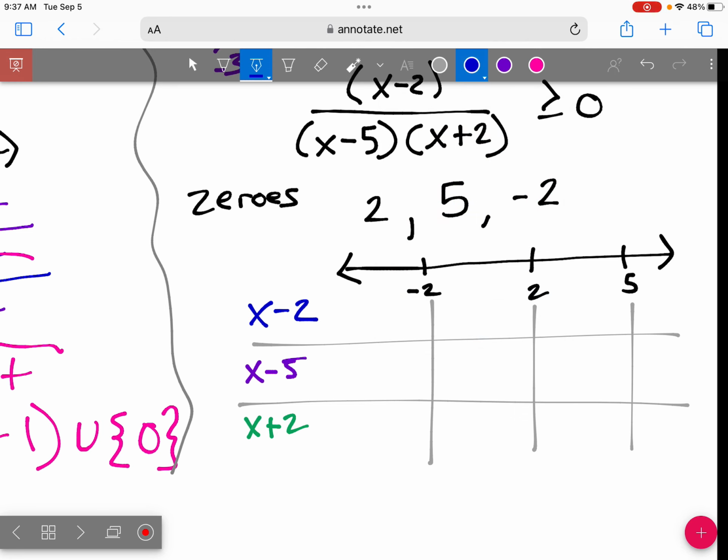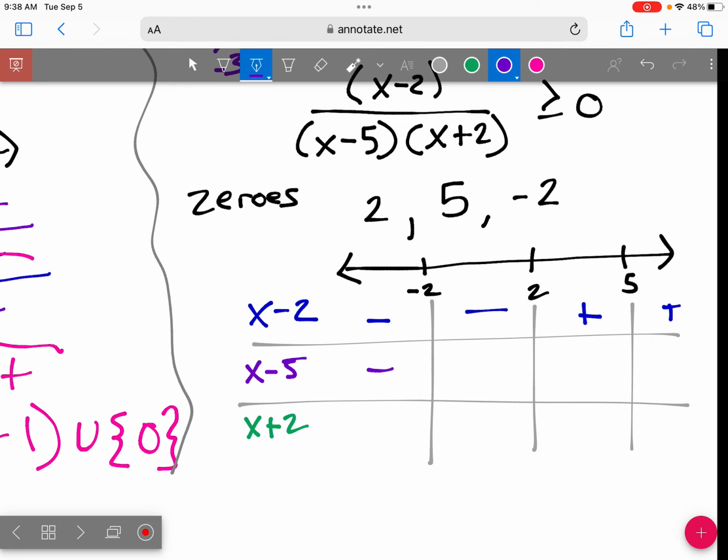If we have numbers that are smaller than -2, is this positive or negative? Negative. If it's between -2 and 2? Negative. Between 2 and 5? Bigger than 5? For x minus 5, if it's smaller than -2, is it positive or negative?